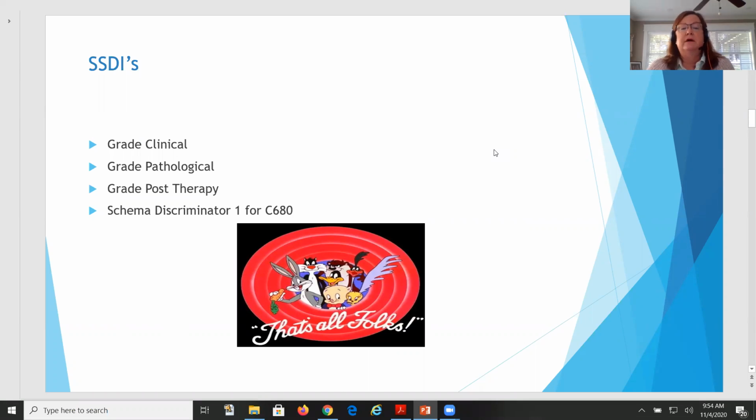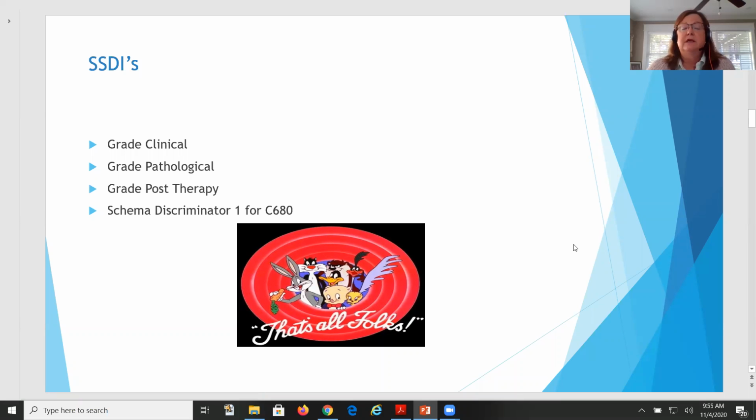Moving on to our SSDIs, we don't have very many for the urinary sites. We have grade clinical, pathological, and post-therapy, and a schema discriminator 1 for C680, the urethra code.